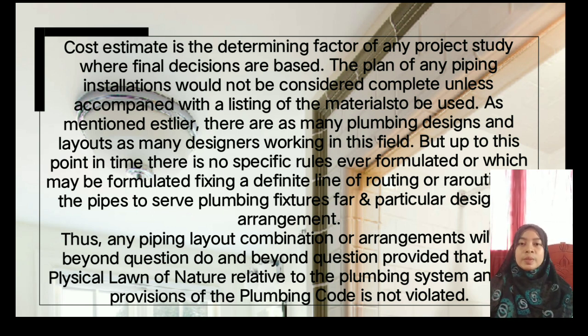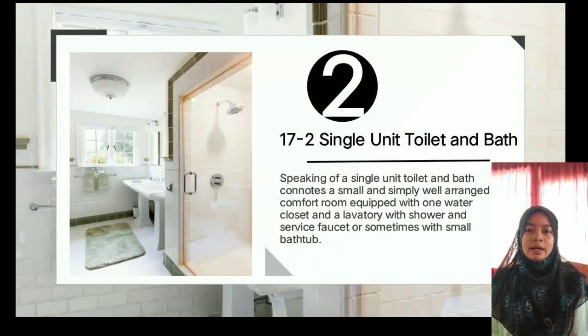The common plumbing materials include pipes, fittings, fixtures, fasteners and supports, sealants and adhesives, and various tools. Proper installation and use of quality materials are crucial to ensure the functionality, efficiency, and longevity of a plumbing system. Now let's talk about 17-2, which is the single unit toilet and bath.